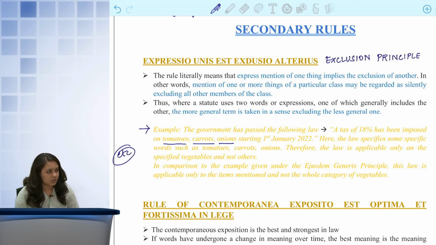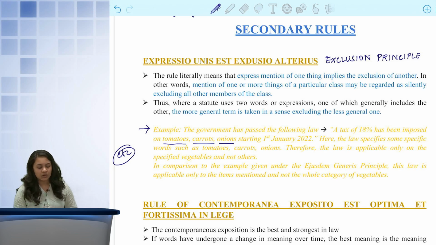Your bitter gourd will not get 18% tax, simply because the law has mentioned only these three words, and that is why we call this the rule of exclusion, or more specifically we say where there is an express mention of one thing, it excludes all others from its ambit. So therefore, the specific mention of a few things in a particular class can simply exclude everything else in that class, and that is what the exclusion principle says.